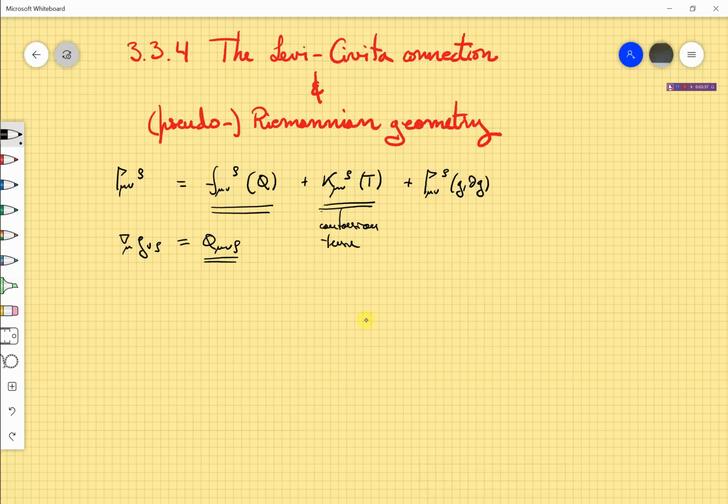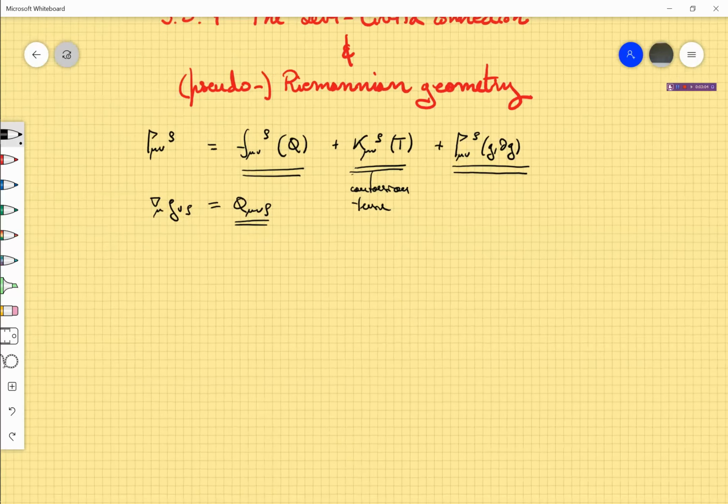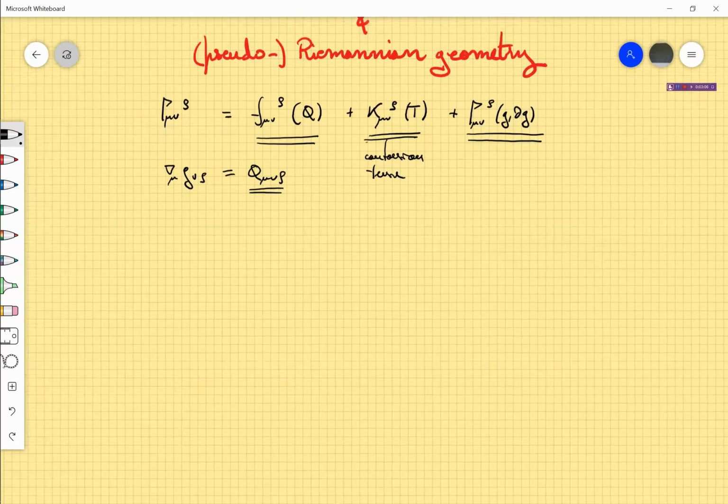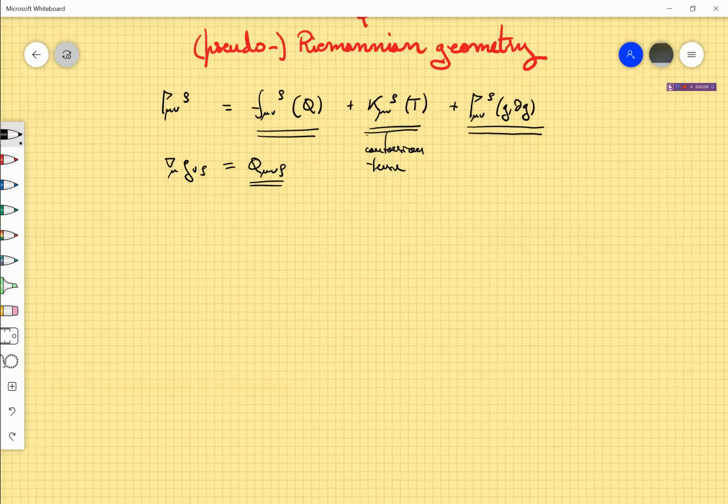So this is probably the only piece that we want to keep, the one that could represent the gravitational field and nothing else. So what we are going to do is to demand from our connection that it has these two properties. First of all, Q mu nu rho should be 0, or equivalently, the covariant derivative of the metric is 0.